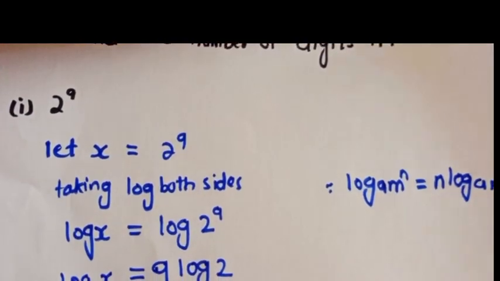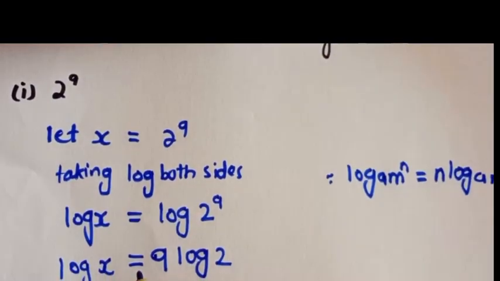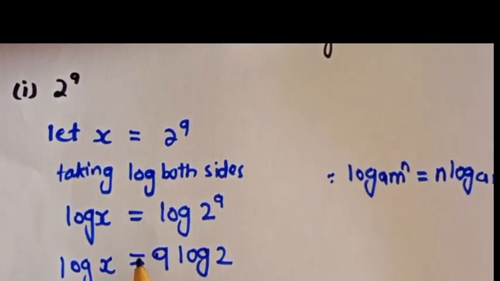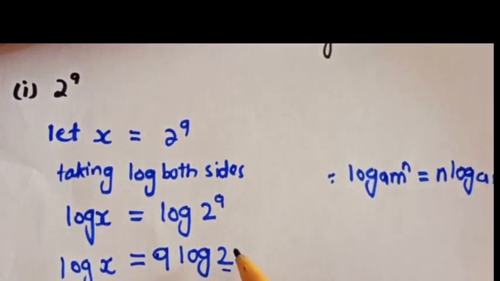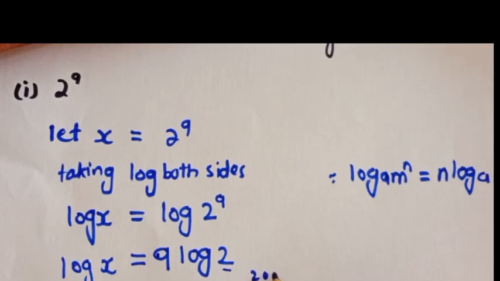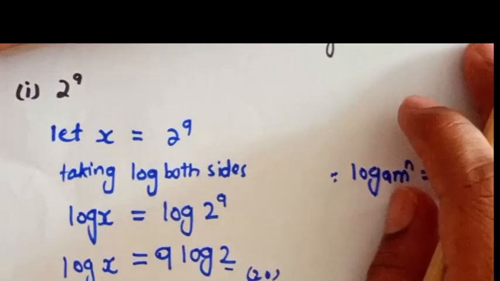Now come further. Now what I will do? Now I will find the characteristic and mantissa of these two. As you know, in the logarithmic table, digits start with 10. Here we cannot use 2 only. We will use 20 instead of 2.